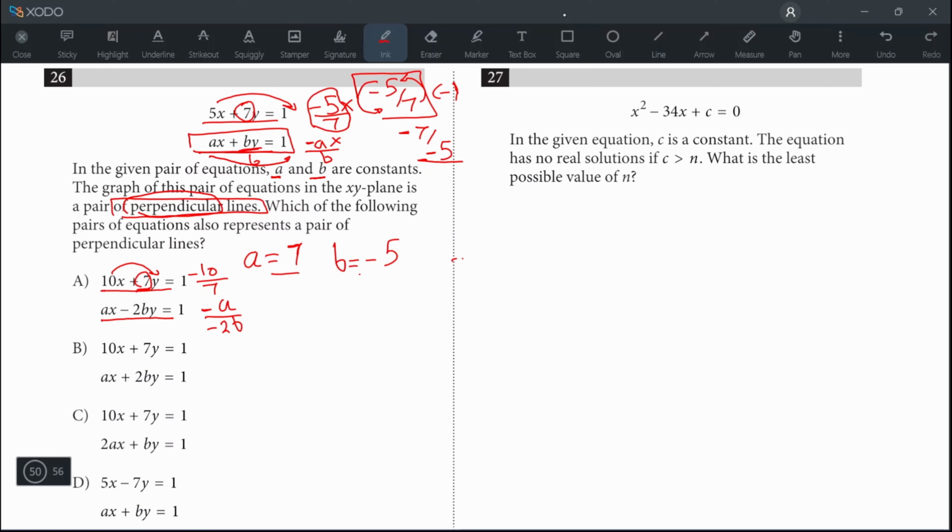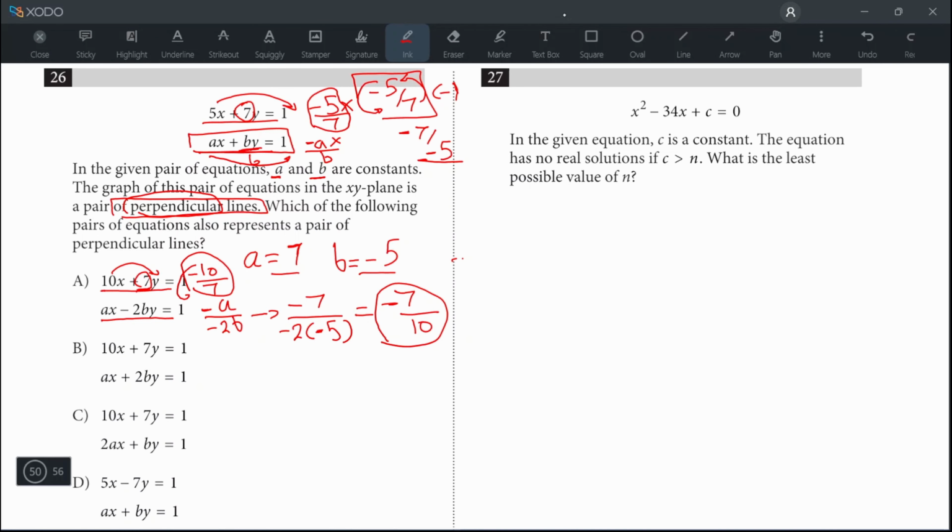Now let's plug in the values. We will have a negative 7 over negative 2 multiplied by negative 5. So the final answer will be negative 7 over 10. Is negative 7 over 10 the negative reciprocal of negative 10 over 7?